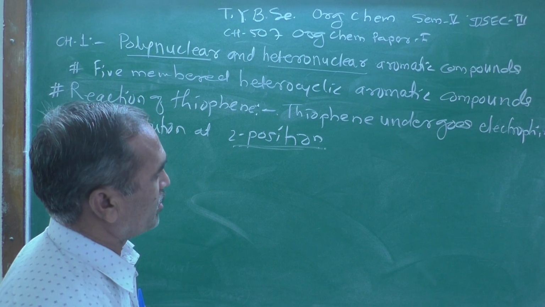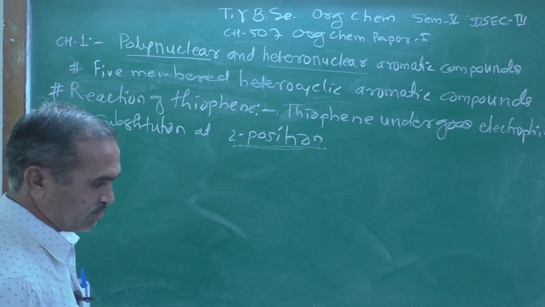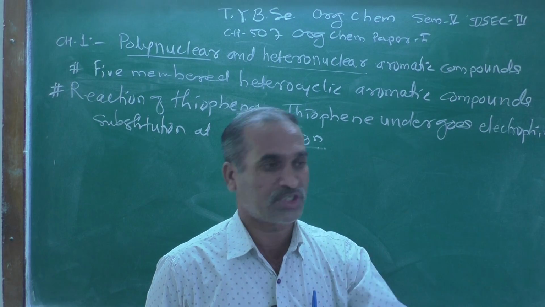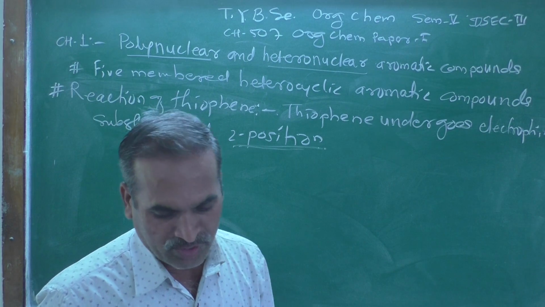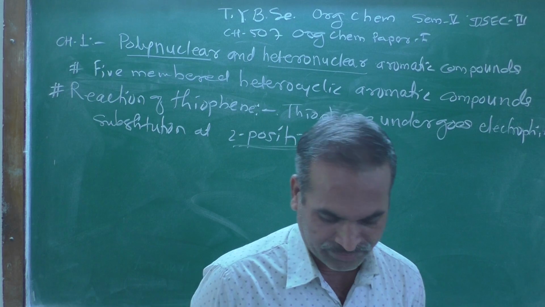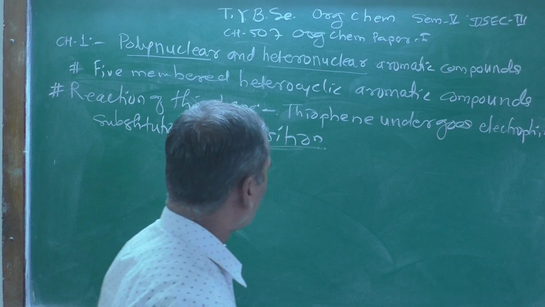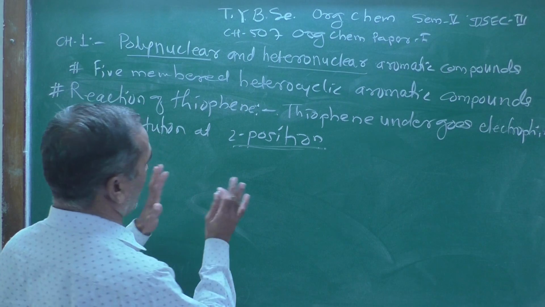Why does thiophene undergo electrophilic substitution at 2 position? How would you justify this? If you see the electrophilic substitution reaction of any 5-membered rings, generally we have seen so far.